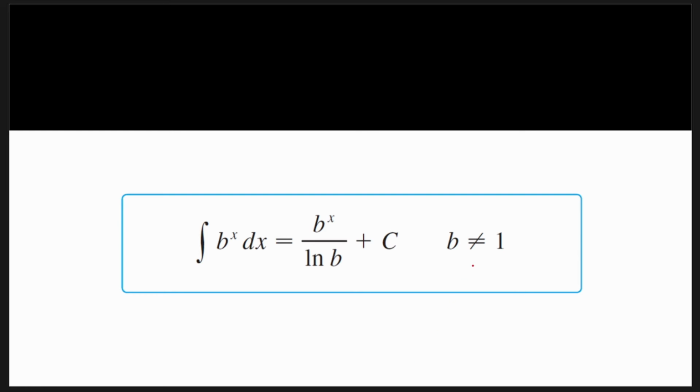Another integration formula would be this expression. The integral of b raised to the power of x dx is just equal to b raised to the power of x all over the natural logarithm of b plus c, wherein you have a condition that your b as a constant should not be equal to 1. So why is that?